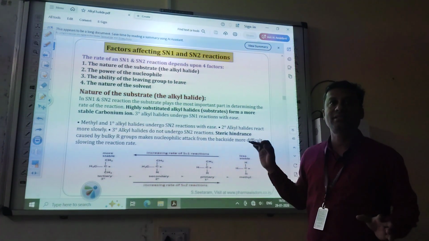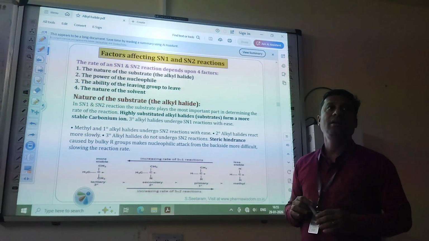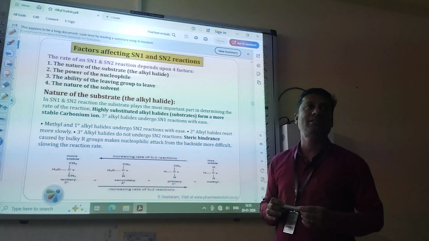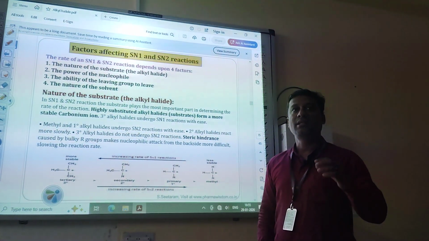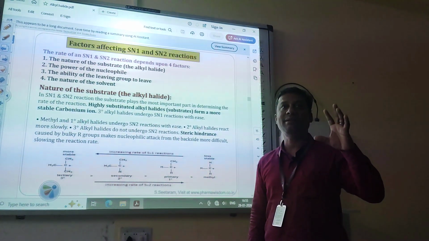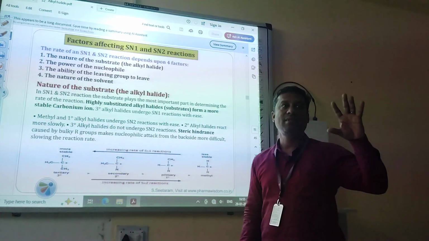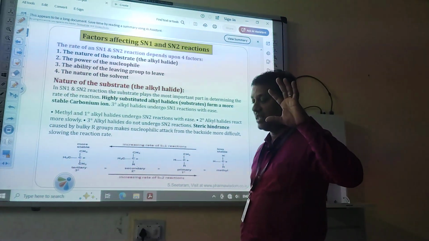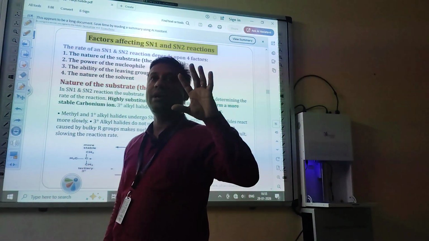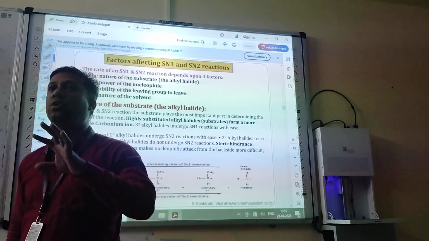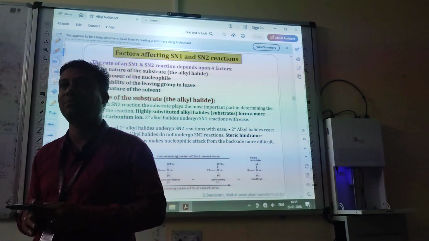What is steric hindrance? Any one of you, what is steric hindrance? The methyl group is a bulky, large group. They hinder, they oppose the nucleophile from attacking the central carbon.